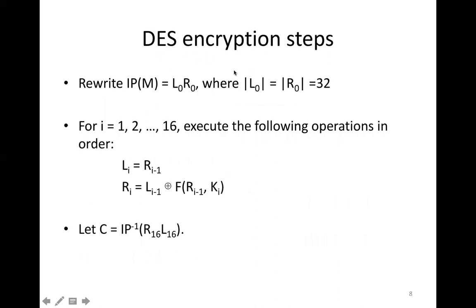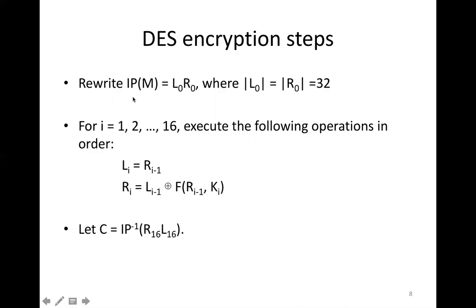So DES encryption. This is your data block. We first apply an initial permutation on this data block M, and after that we start from L0.